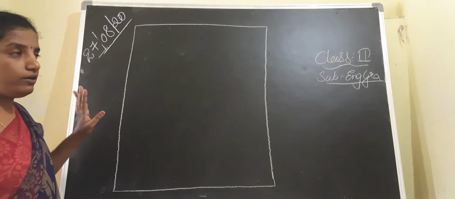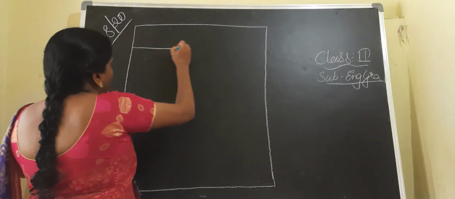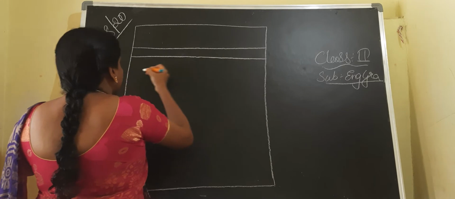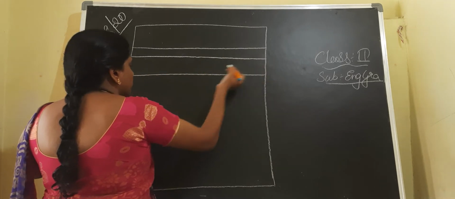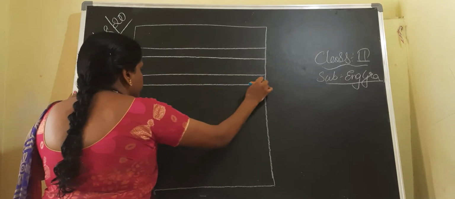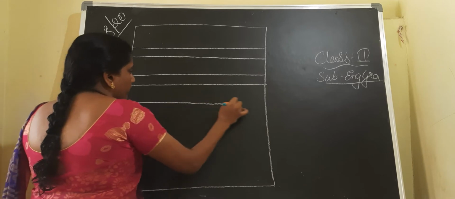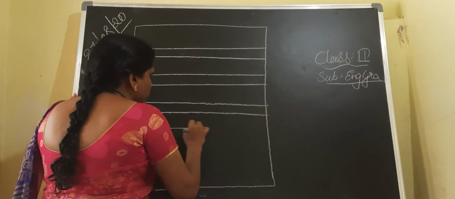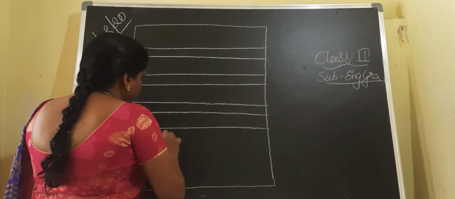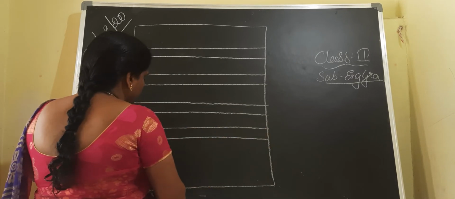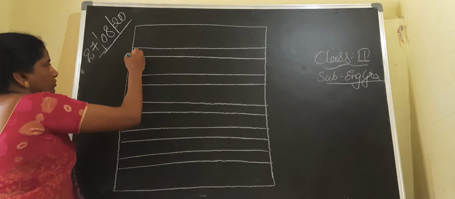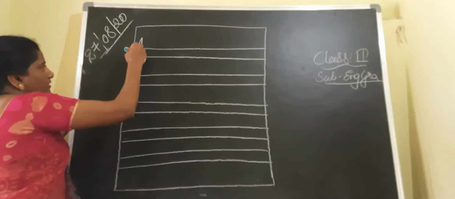Yesterday I explained, but today I have to explain the difference between the capitals and the smalls, and how to write them in the double rule book. After writing capitals and smalls, we will start today's topic. So capitals should be written in such a way.